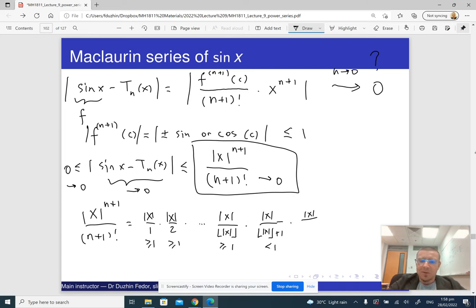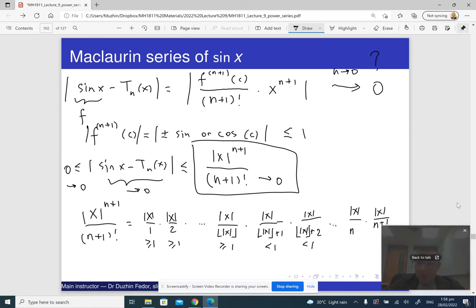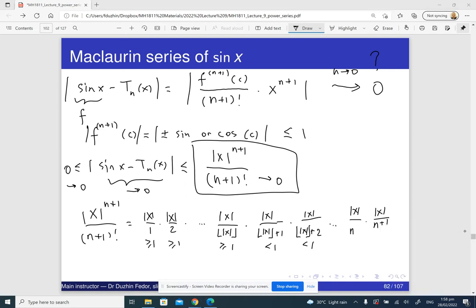Then it's going to be the absolute value of x divided by the floor function of x plus 2, which is again less than 1, and so on, up to the second last term, which is the absolute value of x divided by n. All right, so this is still going to be less than 1, and the last term we're going to keep as is.